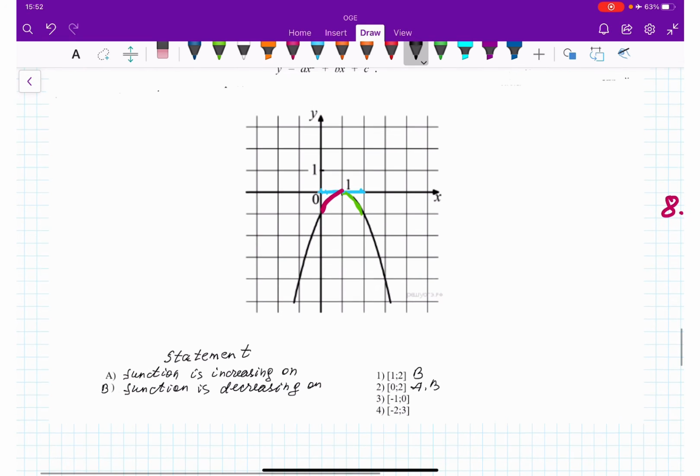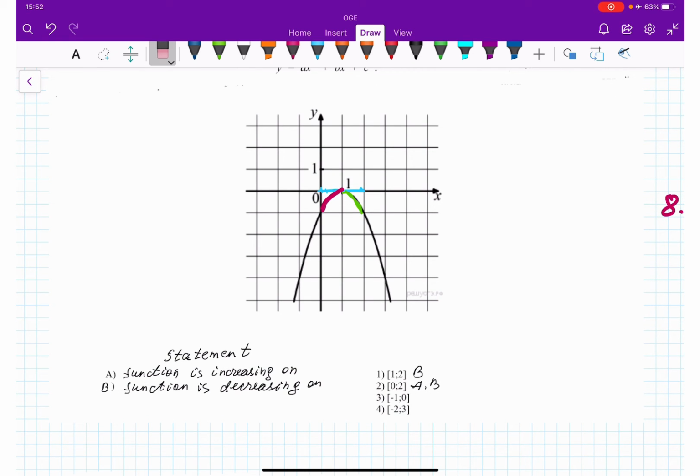Next, -1, 0. On this piece, what is happening here? Decreasing, see? It's decreasing, so this one is going to be B.